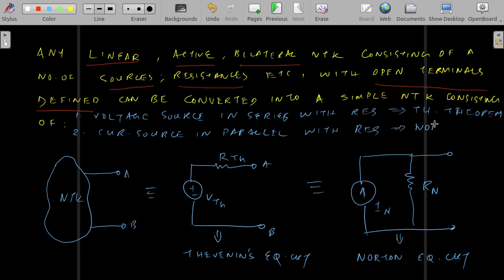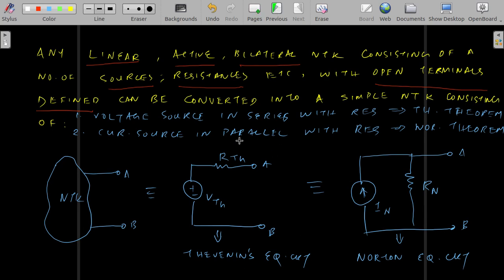This would be your Norton's theorem. So if you look at it, Thevenin's theorem and Norton's theorem are duals of each other, and if you have your Thevenin circuit, you can get your Norton equivalent circuit from that itself, because they are duals of each other. You can simply use a source transformation between them.